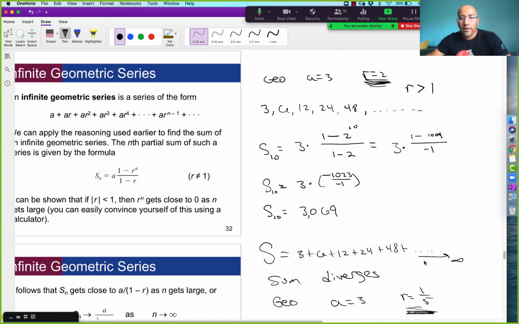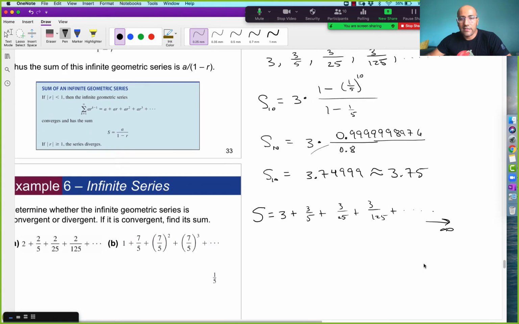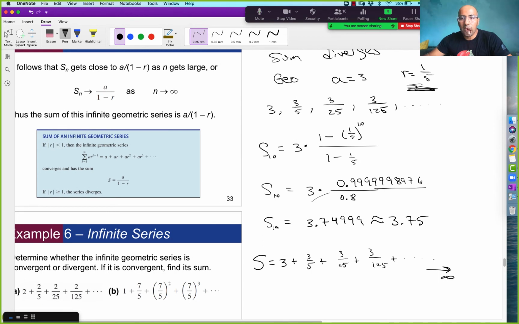Good. But on the other hand, in a case like this one, where the r value is between 0 and 1, each individual term is getting smaller and smaller at a very fast pace, so that even though you're going to be adding an infinite number of values, because each number is getting really close to 0, there's a chance that even though I add them forever, they add up to some constant number.